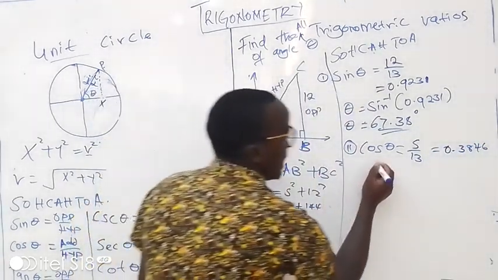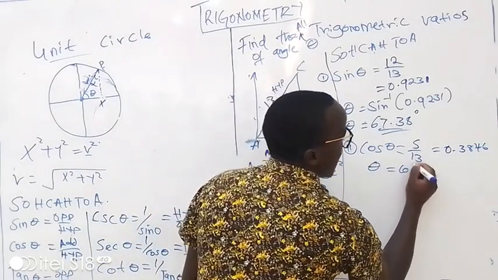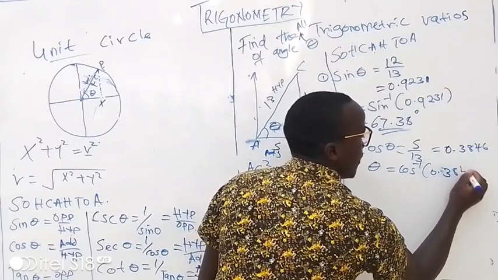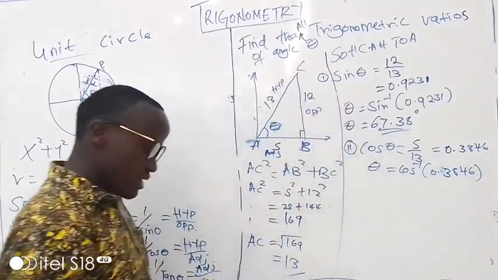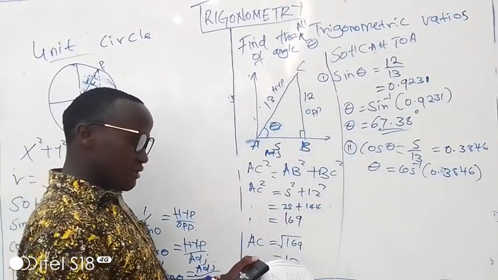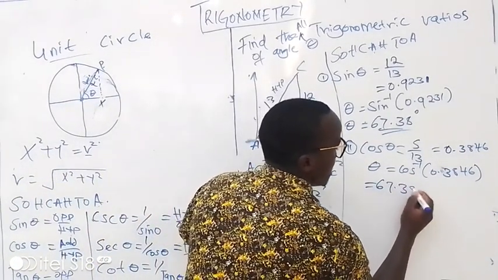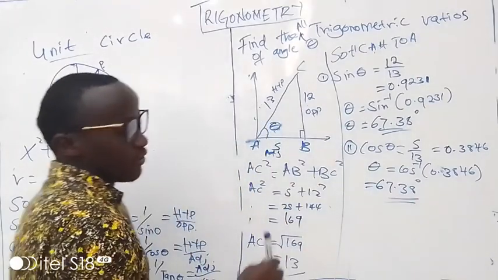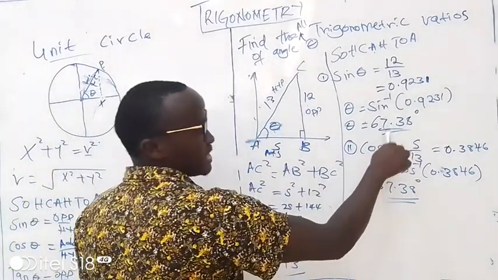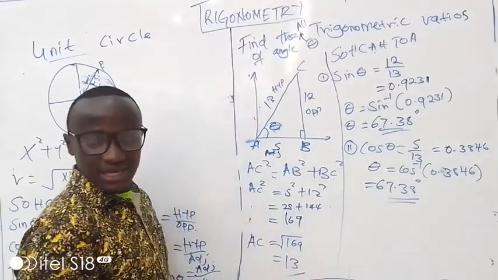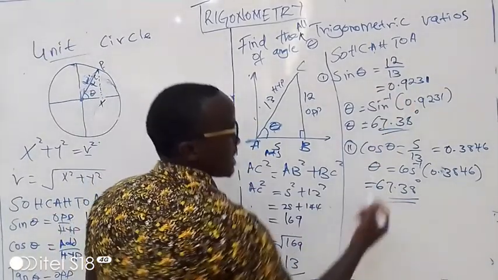Now theta will be cos inverse of 0.3846. Here you can take shift cos of the answer, and we are getting 67.38 degrees. The answer you get here is the same as the one you got before.